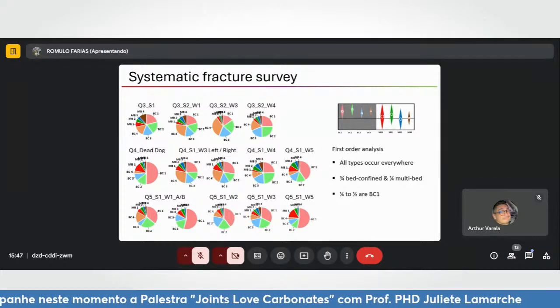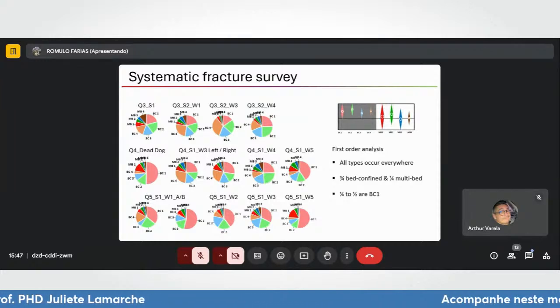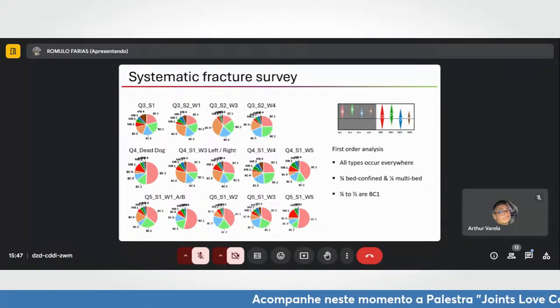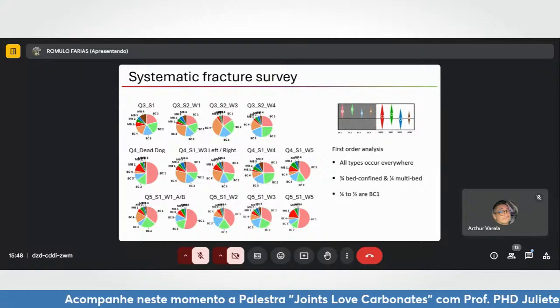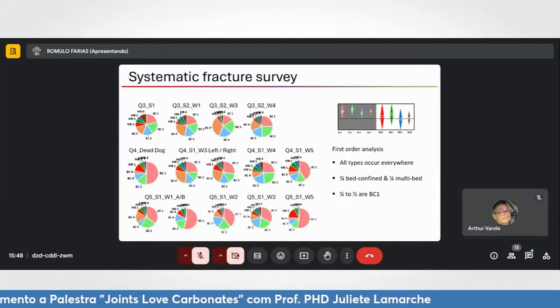Only a quarter is multi-bed. So only a quarter of the fractures will participate in the connection and the permeability all along the reservoir. And within the fractures, a quarter to half is bed confined. That means this kind with both tips on the interface.